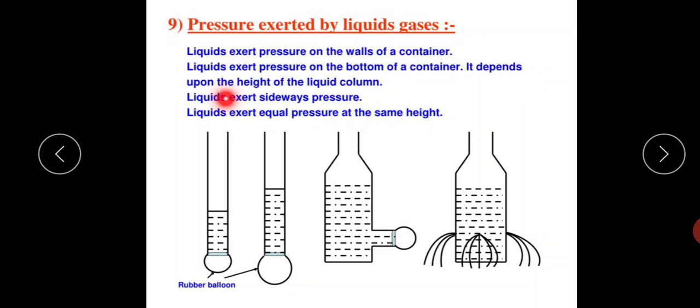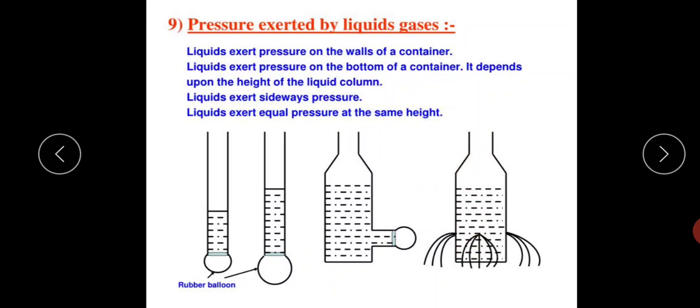It depends upon the height of the liquid column. So if the height increases, the pressure at the bottom also increases. And we can notice that the pressure is high at the bottom. The same concept you can make clear by these two pictures too.